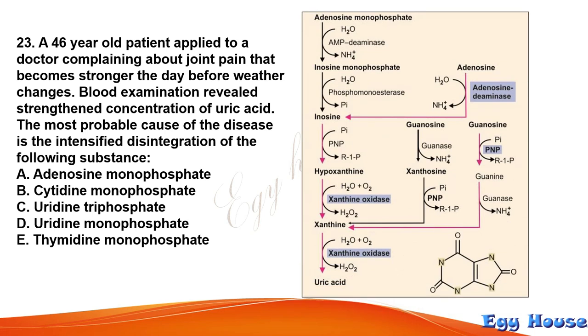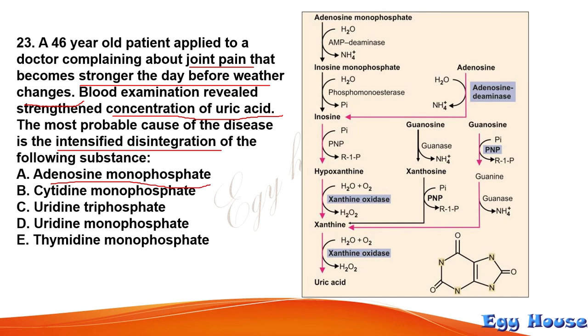The next question is the patient applied to the doctor complaining of pain in joints that becomes stronger the day before weather changes, and the blood examination revealed a high concentration of uric acid, and this is because of the intensified disintegration of adenosine monophosphate.